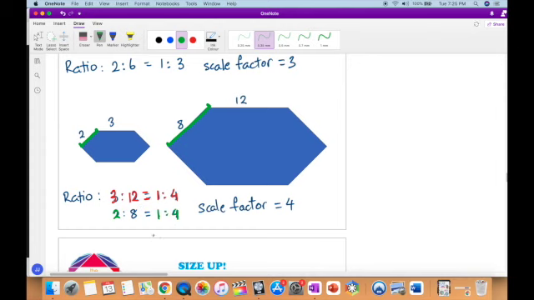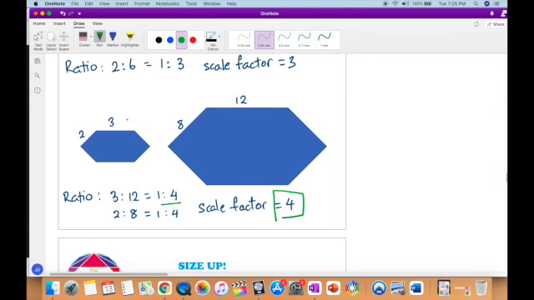So okay, that is great. When I did this first side here, I got 1 to 4. And when I did this second side here, I got 1 to 4. So it's safe now for me to say that the ratio of the whole shape is 1 to 4, and so the scale factor will be 4.